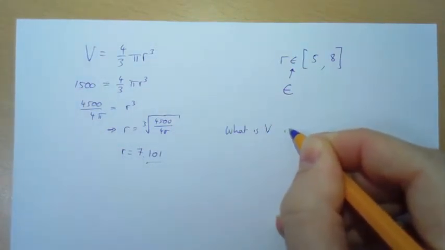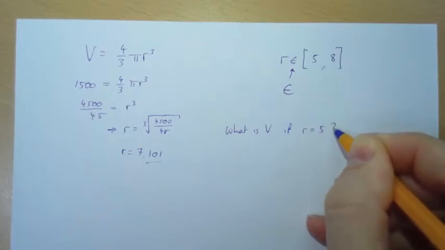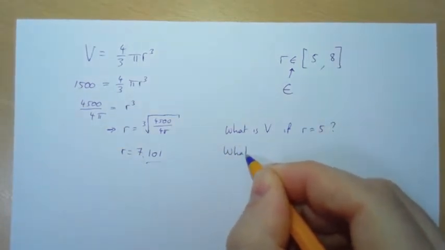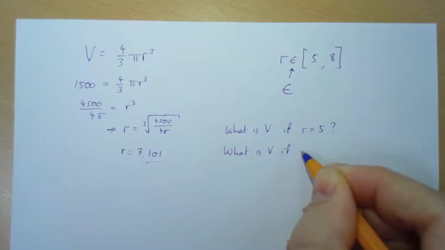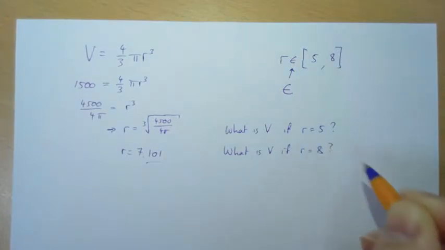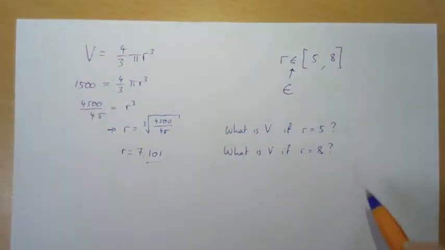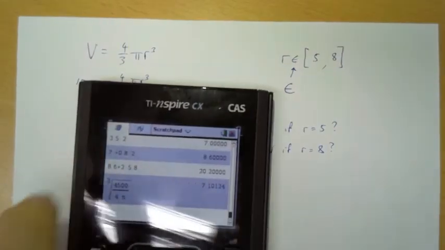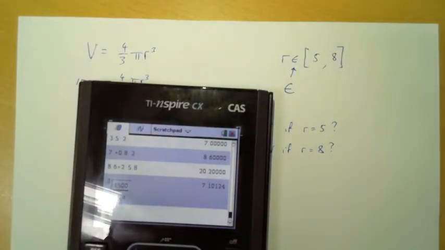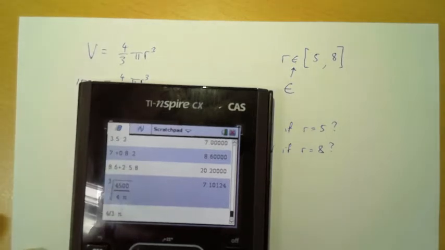What they actually wanted us to do is to check what is V if r equals 5, and what is V if r equals 8. So if r equals 5, the volume is 4 over 3 times pi times r cubed. Let me show you something really interesting here.